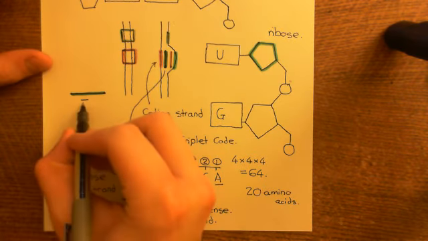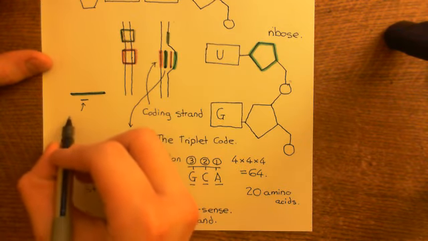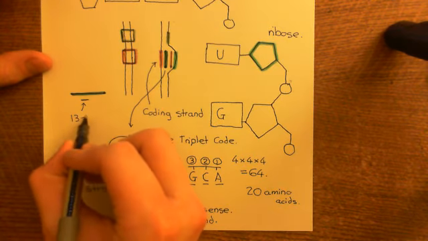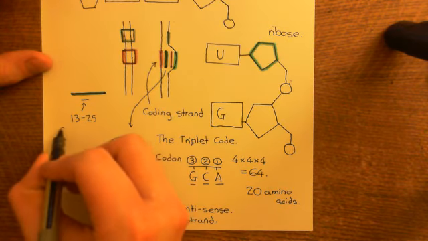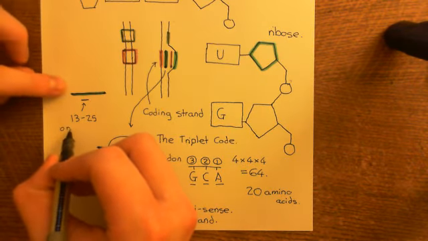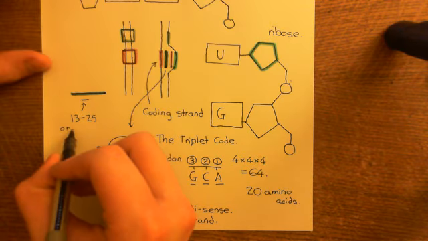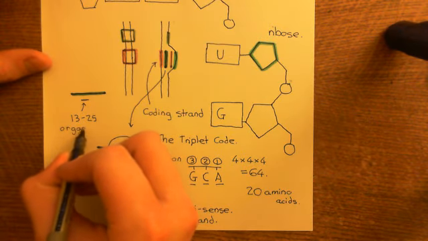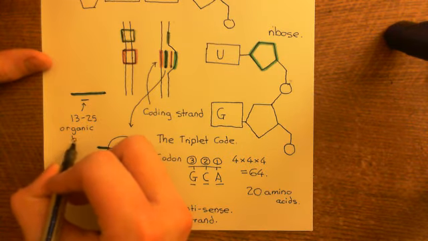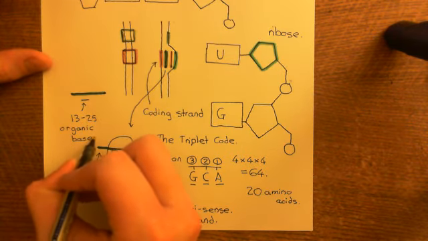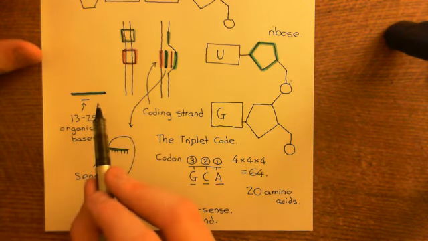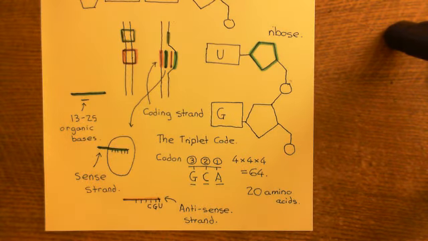Now these are small little things, usually between 13 and 25 organic bases. So the whole sense mRNA strand will be far bigger than 13 to 25 organic bases, and this is only going to bind to a region of it. It is an oligonucleotide because oligo means some or a few, so it's a few nucleotides polymerized together.